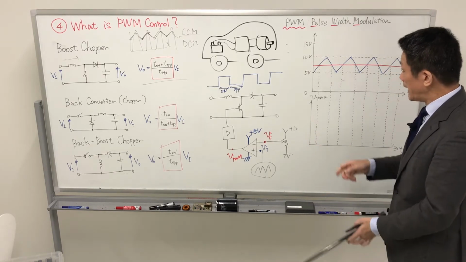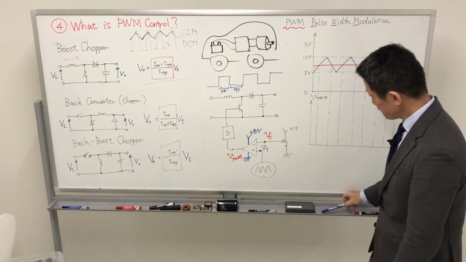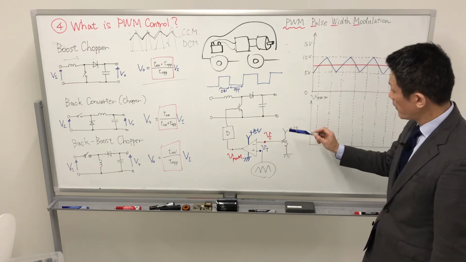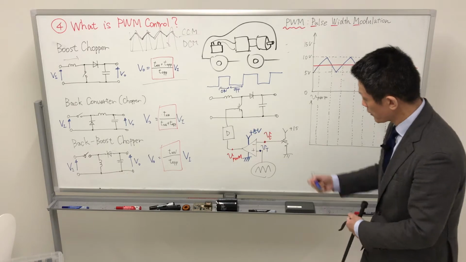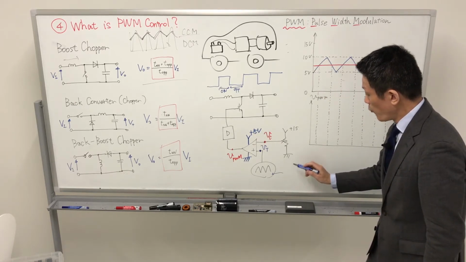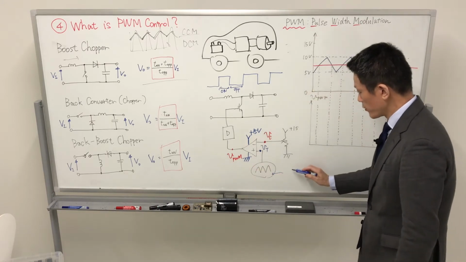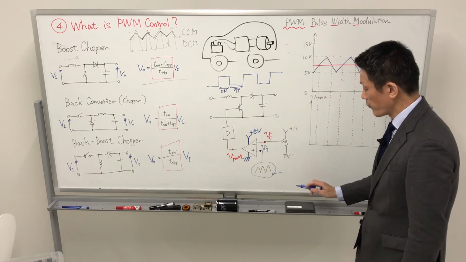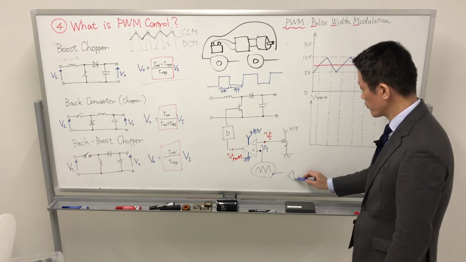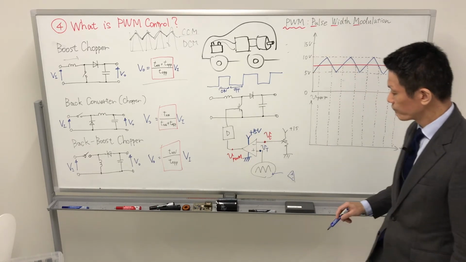And the triangle waveform we will use; later I will show the equivalent circuit of the triangle waveform generator circuit. We can use a comparator.